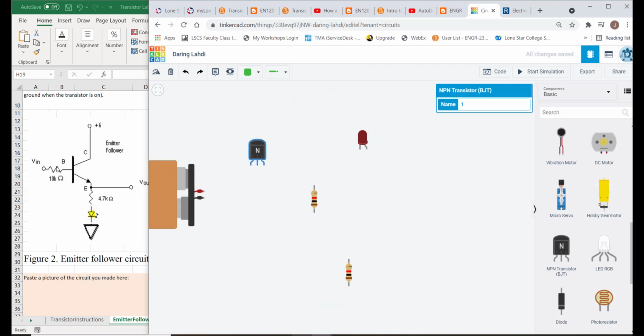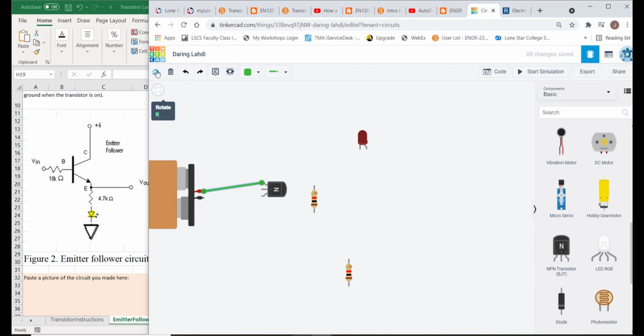Okay, so if I follow this wiring diagram, maybe I'll put this collector on the top just like it is up here. So I want to put some kind of a voltage into my collector, and I want to see if that will be able to travel through the transistor and back out of the emitter.